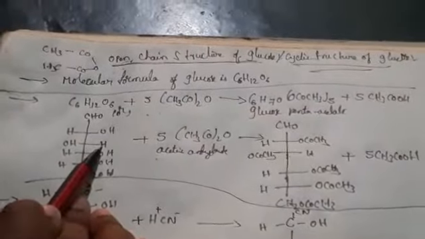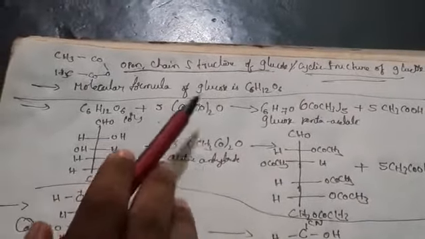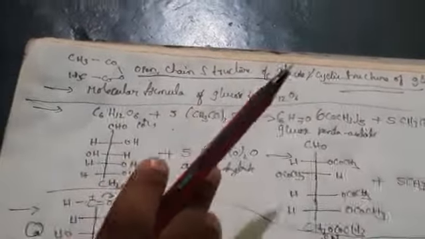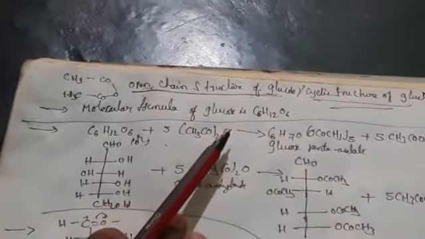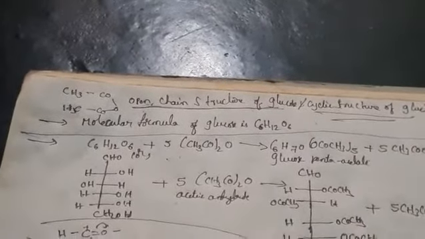Okay, so now you can see the aldehyde is completed, the 5 hydroxyl groups are completed, and we have also seen the molecular formula. And the next one: the carbons are in a straight chain. How do we get a straight chain?